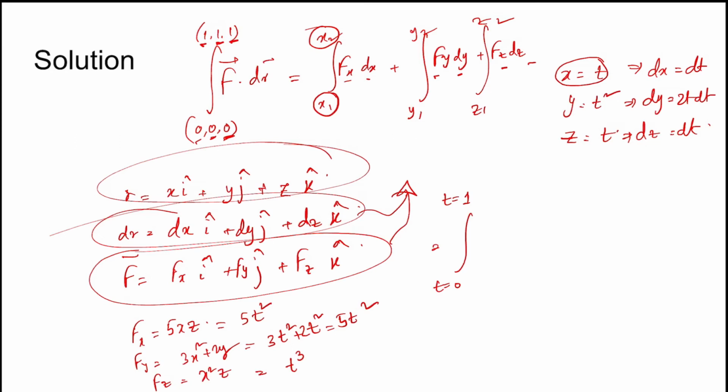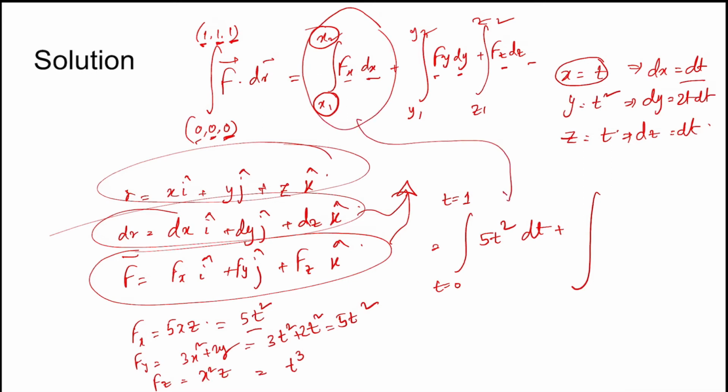If fx as a function of t is 5t square into dx, the dx value is dt. Now next is fy dy, y1 to y2, y1 is 0, so t is 0, y2 is 1, so t is also 1.